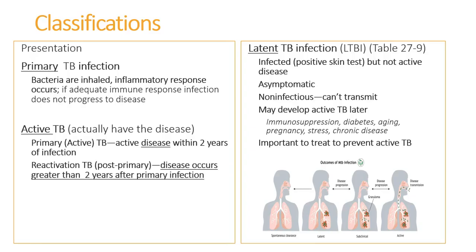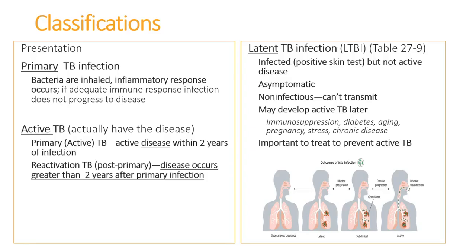And there are increased risk factors for that: if you become immunocompromised, if you have diabetes, because of that risk for infection that we talked about with diabetes, aging, pregnancy, stress, and any other chronic disorders, because your body is in an immunosuppressed state.